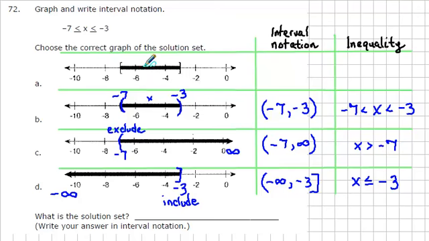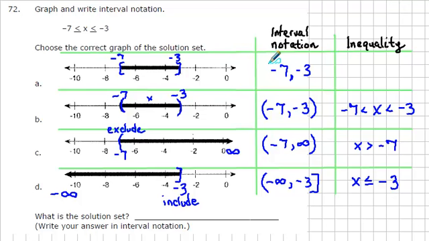What about A? Well, A looks very similar to B. The only difference is the brackets at the endpoints. So what that means is that this time we want all the numbers between -7 and -3, but we also want to include -7 and -3. So the interval notation would be the interval from -7 to -3.